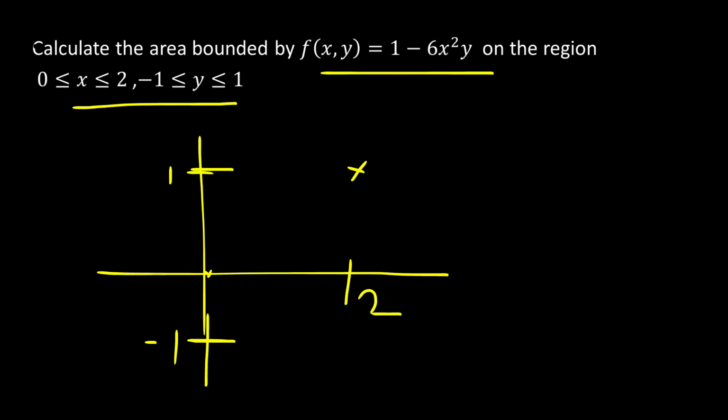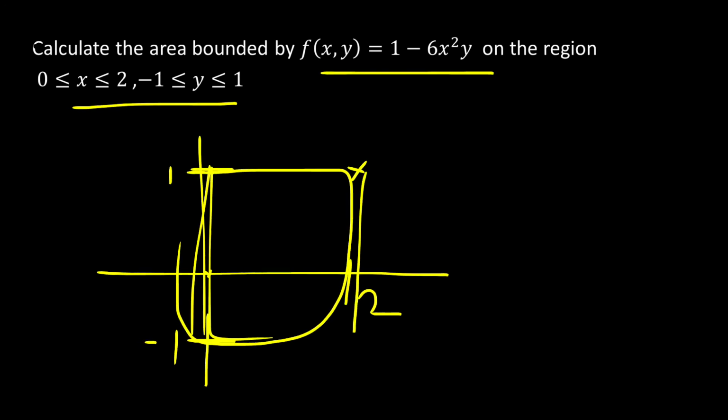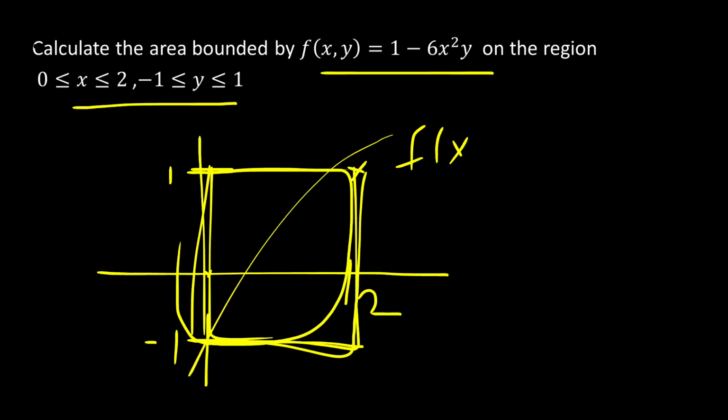That's the region we are talking about, the rectangular region. And now we want to calculate the area that is bounded by this particular function. Remember that's just an estimate of the way the function flows. It's not to scale.